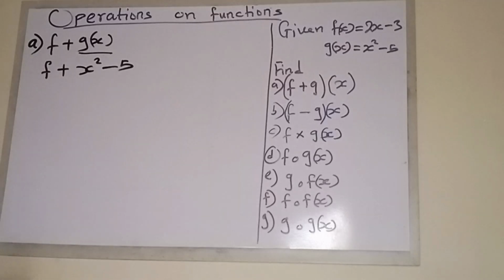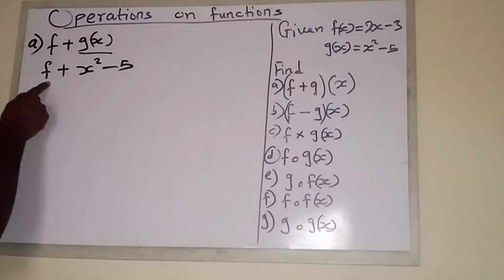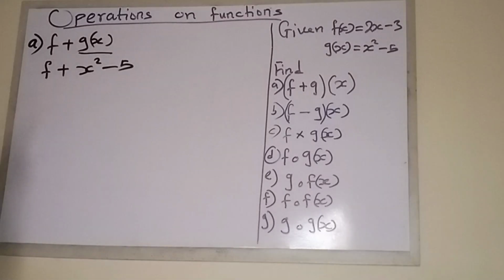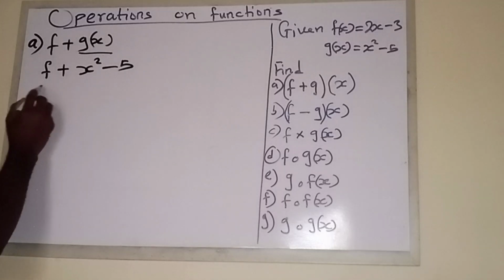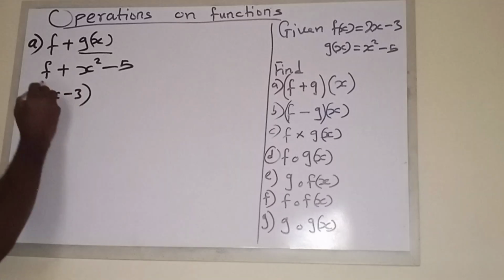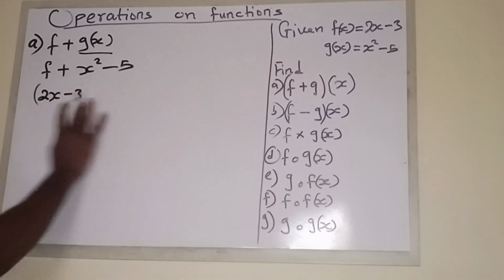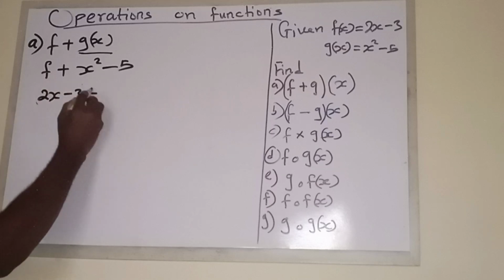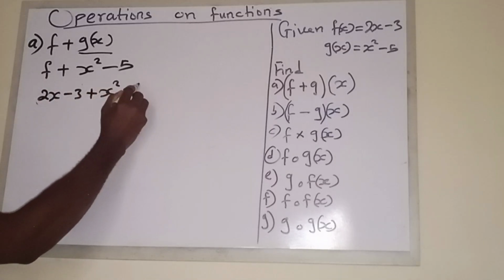That is g of x. Now, what is the function of f? The function of f here is 2x minus 3. So let's put this in brackets, plus x squared minus 5.